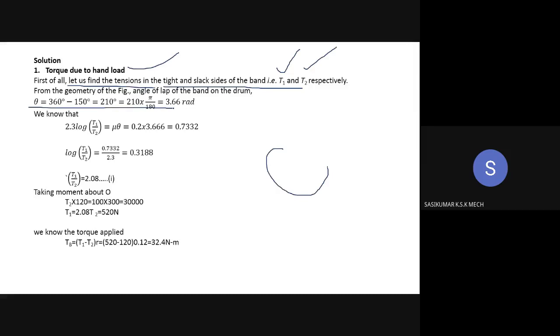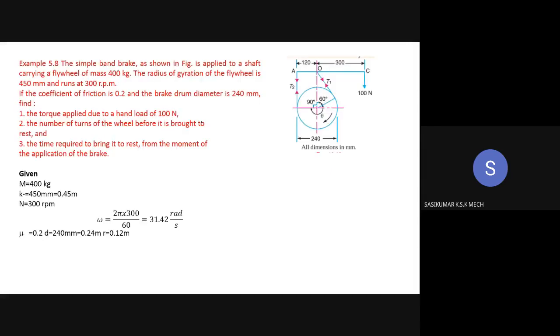Now you can take a moment about O. So I'm taking moment about O, so T1 into that distance. Let us look at that figure. So this is T1, and this is T2, and this is 100.